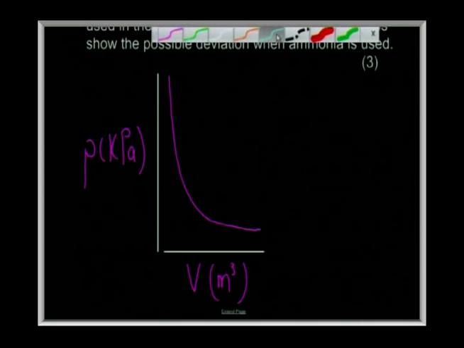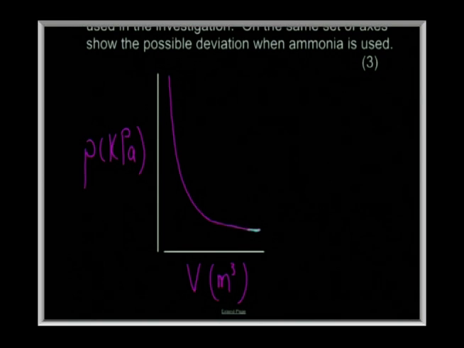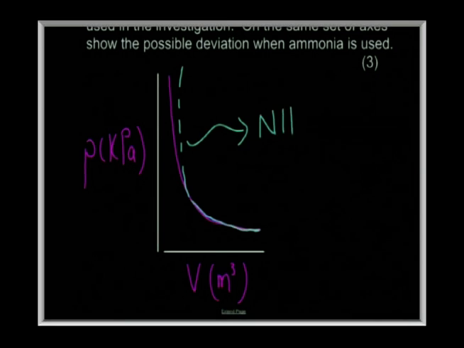Now, what is going to happen is that we're going to see a deviation right over here. So at low pressures, it's not a problem. But as the pressure gets higher, my real gas, NH3, is going to deviate.